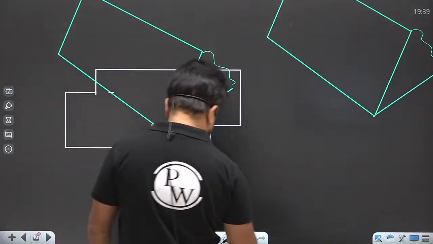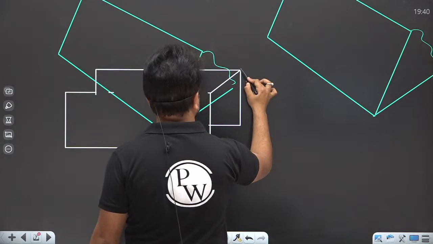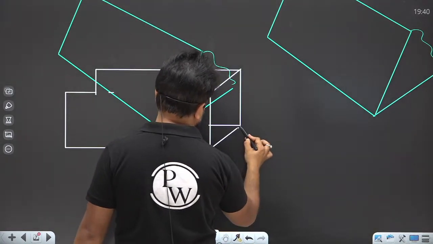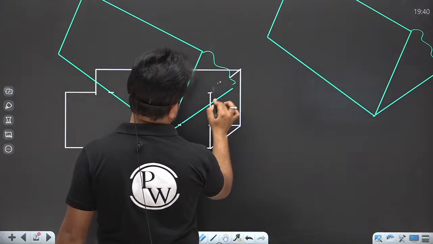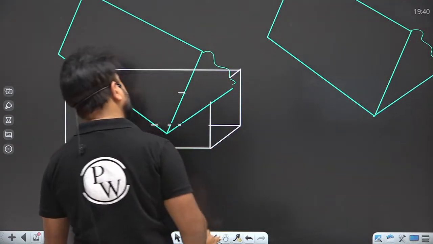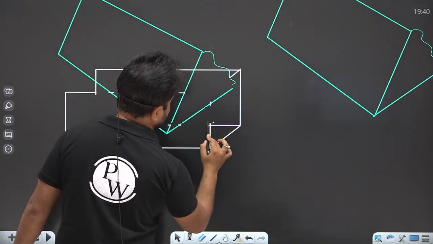See here, this is basically our tool, right? This is basically our tool, and this is the workpiece.